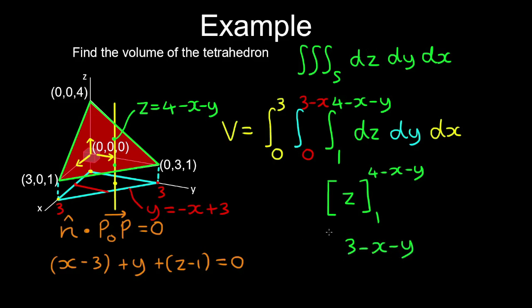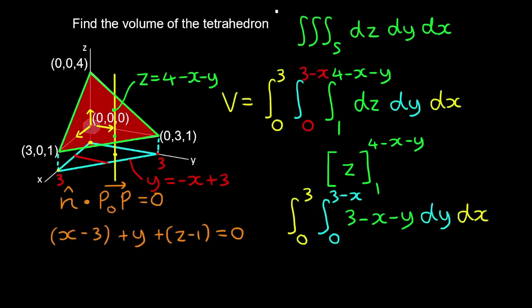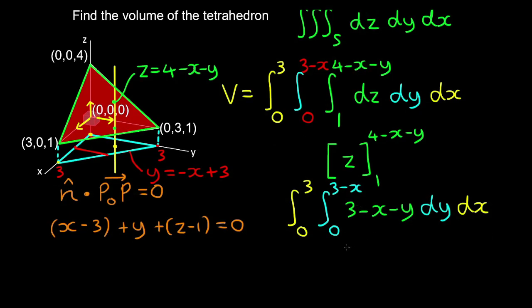And then we integrate this from y equals 0 to y equals 3 minus x over y, and integrate this result over x. So what we get is 3y minus xy minus y squared on 2, evaluated at y equals 0 and 3 minus x.